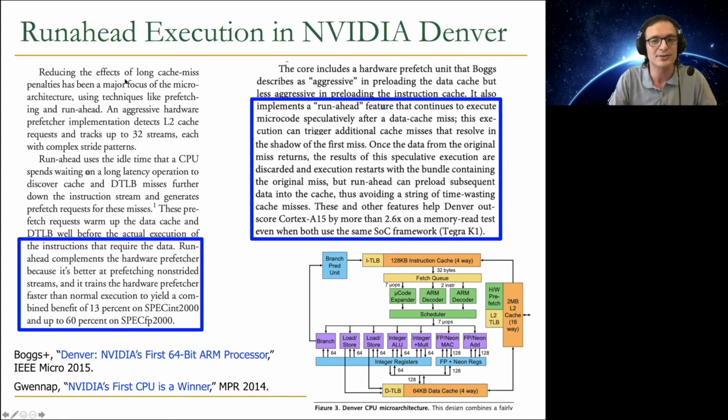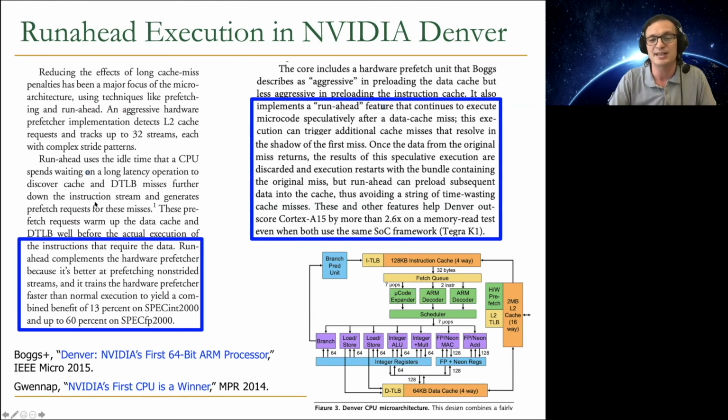But I would actually like to read some of this because this gives you an idea of what they did. So basically, reducing the effects of long cache miss penalties has been a major focus of the microarchitecture, using techniques like prefetching and Runahead. An aggressive hardware prefetch implementation detects L2 cache requests and tracks up to 32 streams, each with complex stride patterns. They don't tell you exactly what stride patterns, but what I'm guessing over here is if you, for example, have ABC, ABC, ABC, ABC repeating, these are strides between different addresses, it can actually capture that.